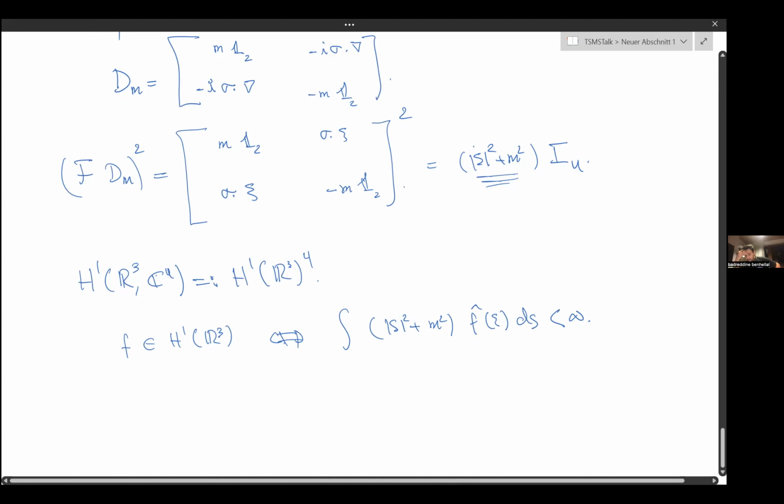Then with this, we see that the Dirac operator defined on the domain H1 is in fact self-adjoint.